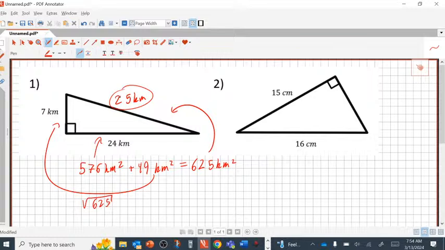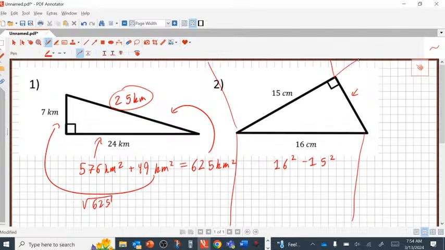Let's see if I can get a little bit of help on that one from Hugh. Hugh, what am I going to do to find the missing leg length right here? Yeah, so 16 squared minus 15 squared. And the reason is because the area of this square is equal to the area of this square plus the area of this square. So if I want to know the area here, I got to subtract them.